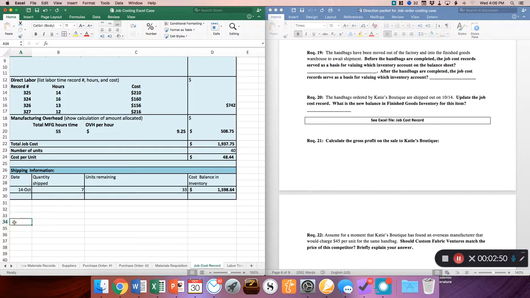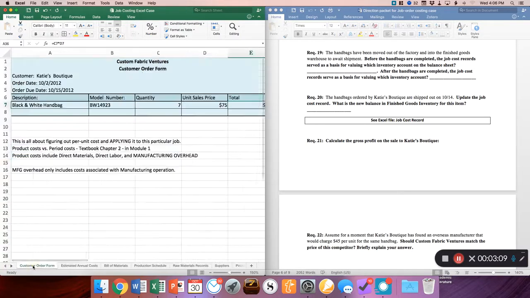Okay, so requirement 21. Calculate the gross profit on this job. Okay, gross profit on the job. Let's look at our original customer order form, right?